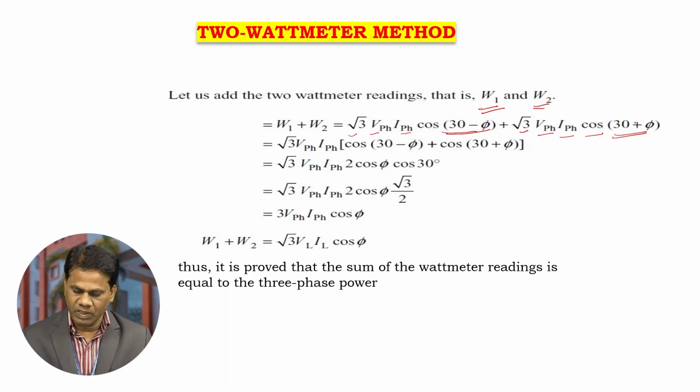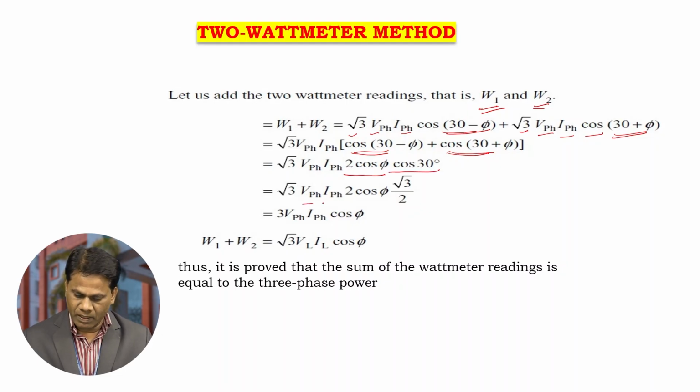Taking root 3 V phase I phase common, we get cos(30 minus 5) plus cos(30 plus 5). From the trigonometric formula, cos(A minus B) plus cos(A plus B) gives 2 cos A cos B, so here it is 2 cos 5 cos 30.